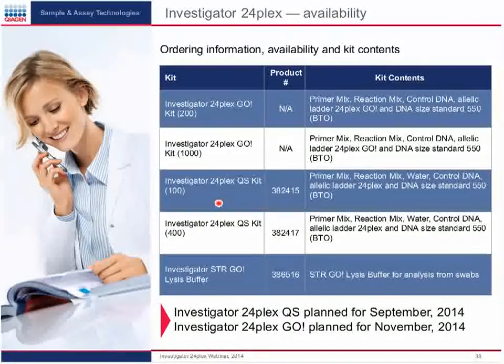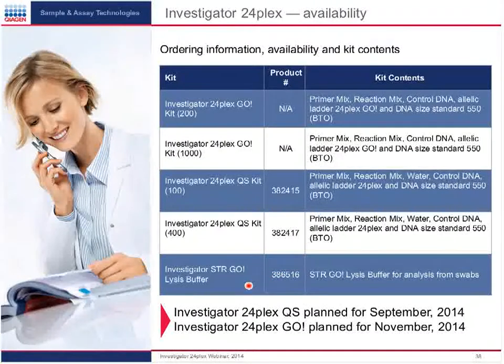And the second kit, 24Plex QS, will be available in 100 reactions and in 400 reactions. And here you also have a primer mix, reaction mix, water to fill up the reaction volume, control DNA, the allelic ladder, and again the DNA size standard.